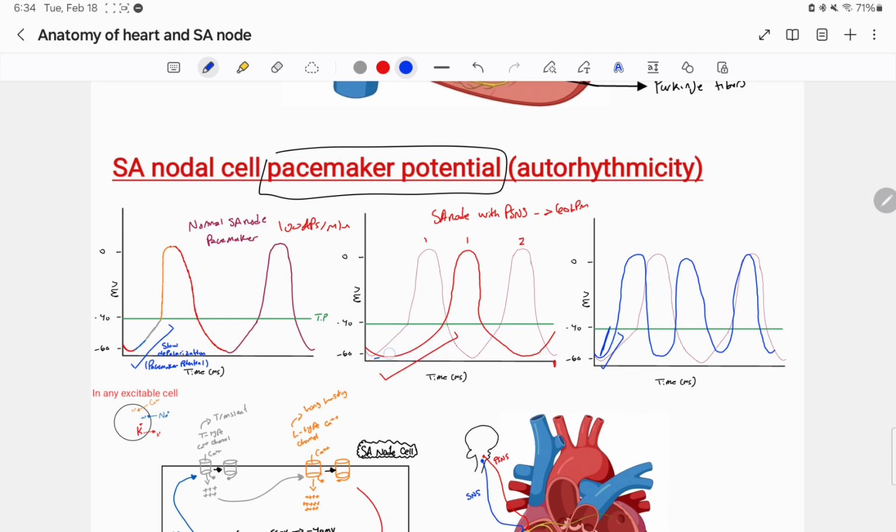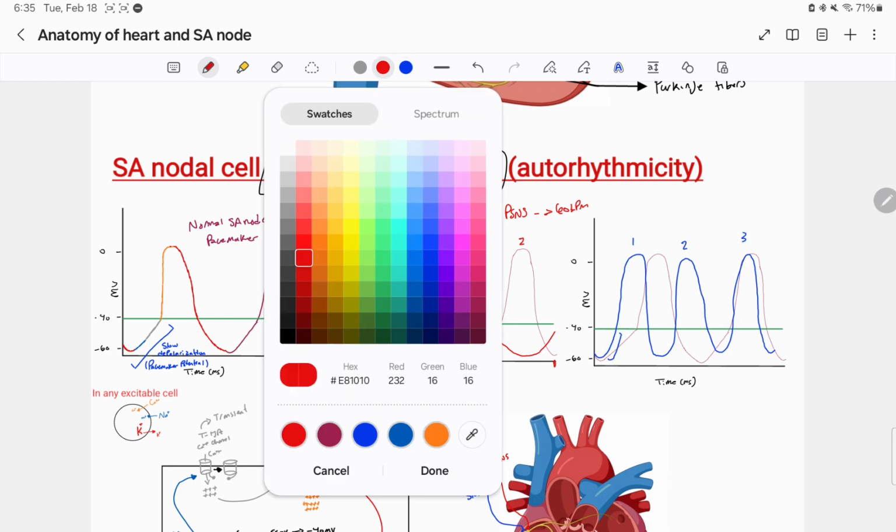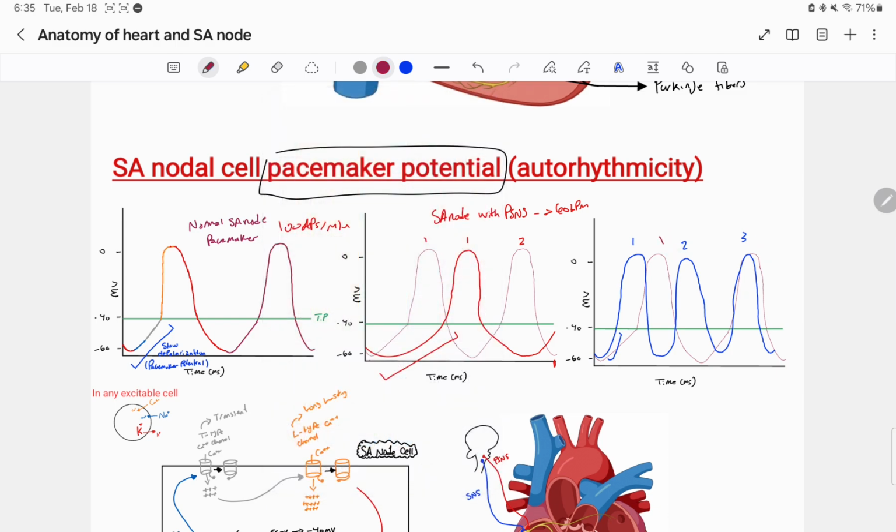The less steep it is, like this, that means the fewer action potentials I can generate because the longer it takes for me to actually reach the threshold potential. Okay? All right. And you can see that right over here.